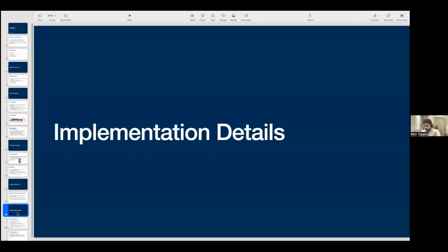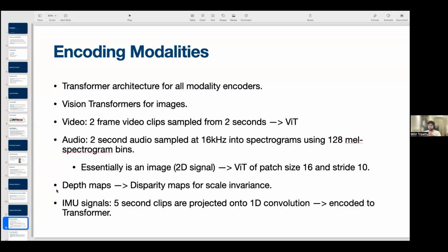So really delving deeper into how these were implemented. They use transformers for all architecture. Hopefully everyone knows what a transformer is. If not, there is a good blog by Jay Alammar, really intuitive, that gives an understanding of attention and how transformers work.